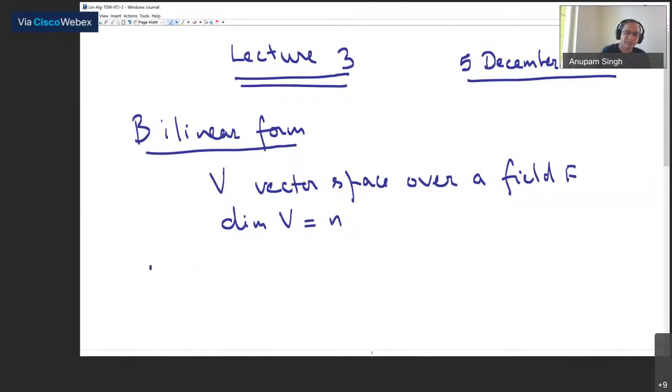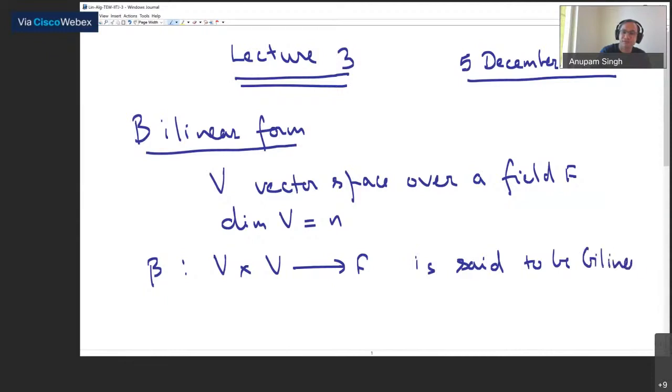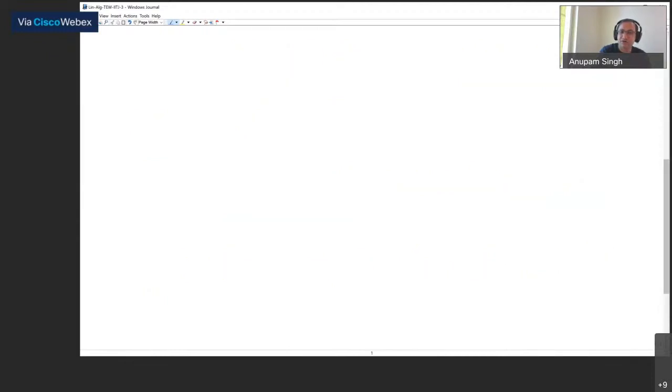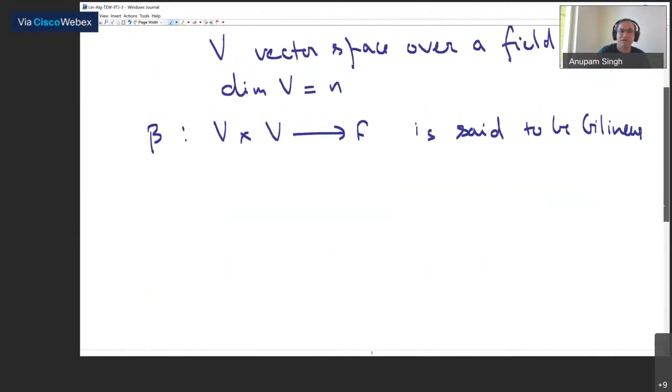Then a map, let's denote this map by beta, from V cross V to F, is said to be bilinear. In short, it's linear in both coordinates. But let me just write it in longhand.